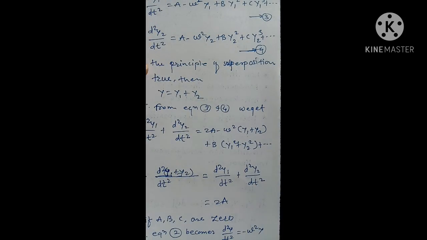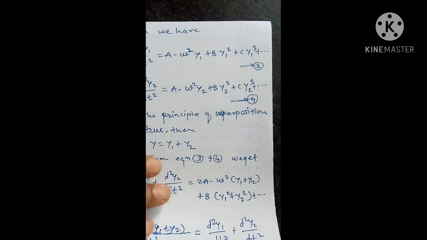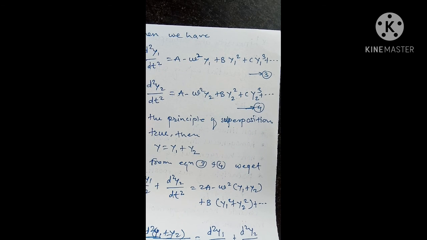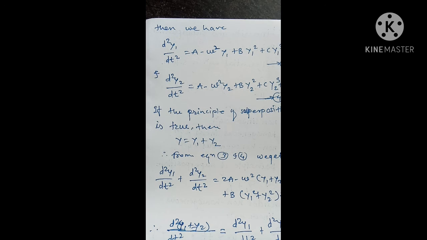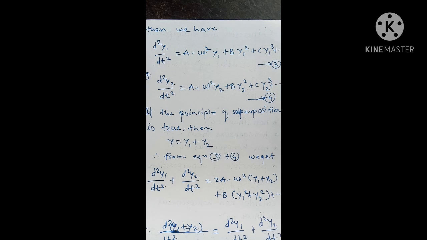Then, if y1 and y2 are two solutions, we have d²y1/dt² = A - ω²y1 + b y1² + c y1³ + .... Let this be equation number 3.